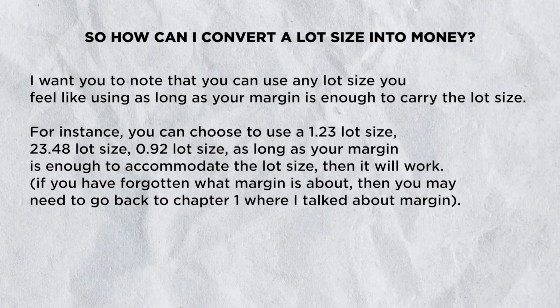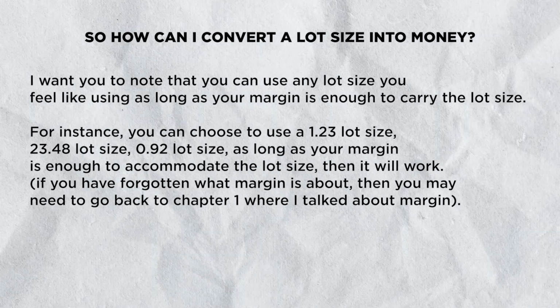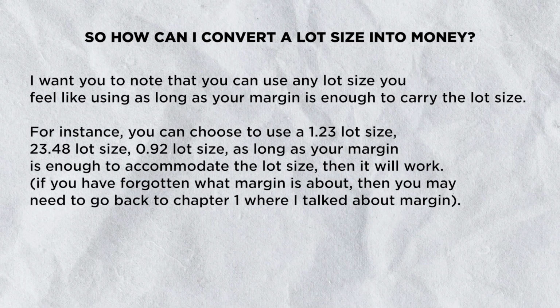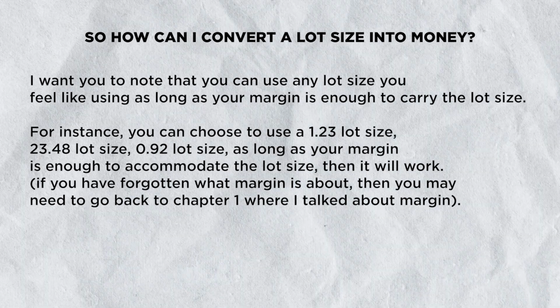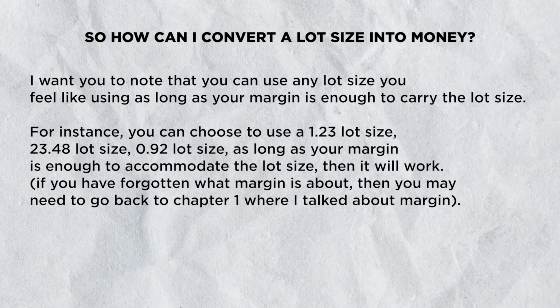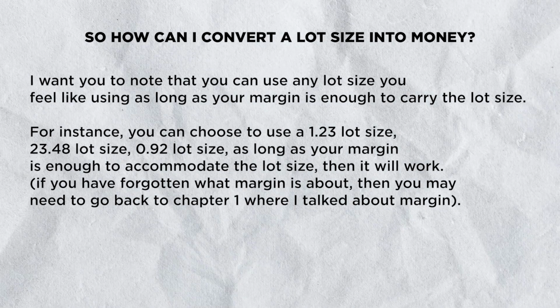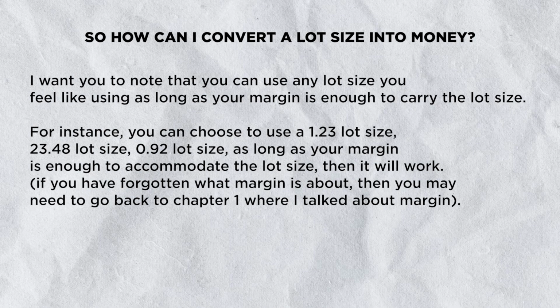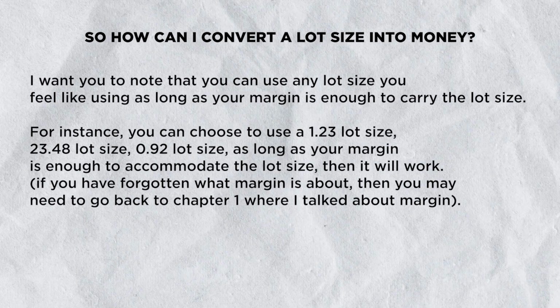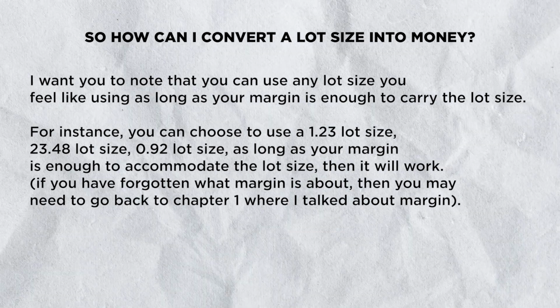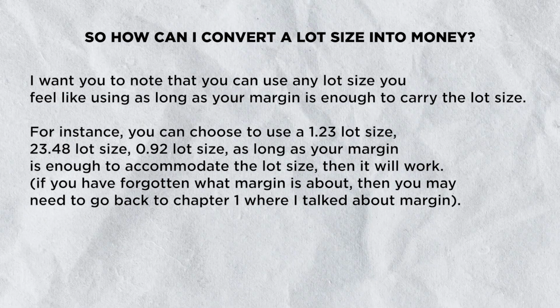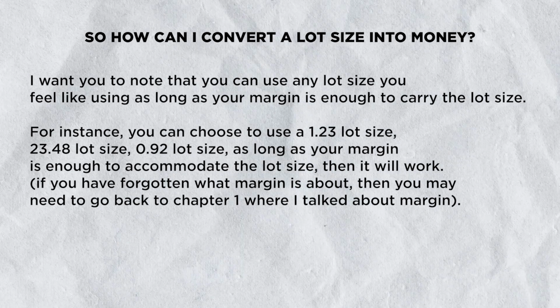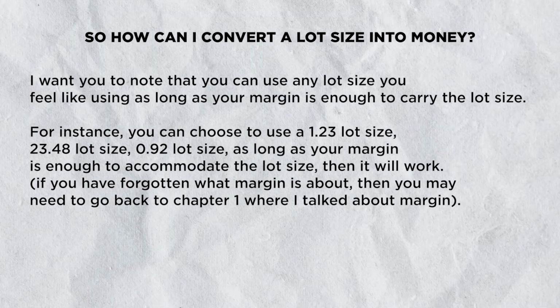I want you to note that you can use any lot size you feel like using as long as your margin is enough to carry the lot size. For instance, you can choose to use a 1.23 lot size, 2348 lot size, 0.92 lot size. As long as your margin is enough to accommodate the lot size, then it will work. If you have forgotten what margin is about, then you may need to go back to Chapter 1, where I talked about margin.